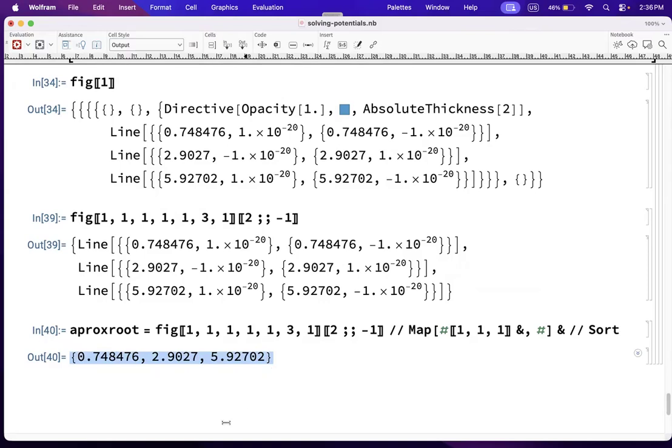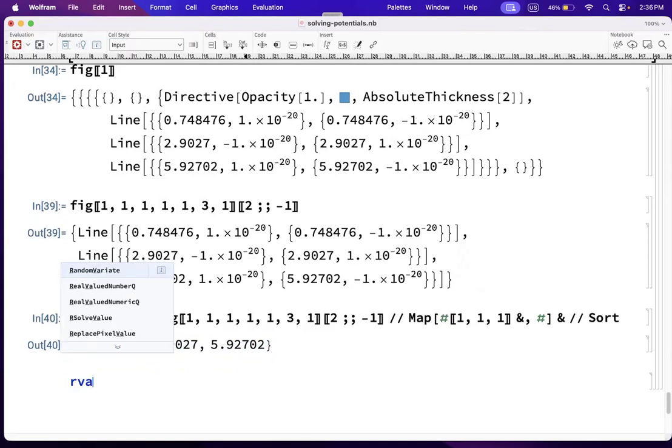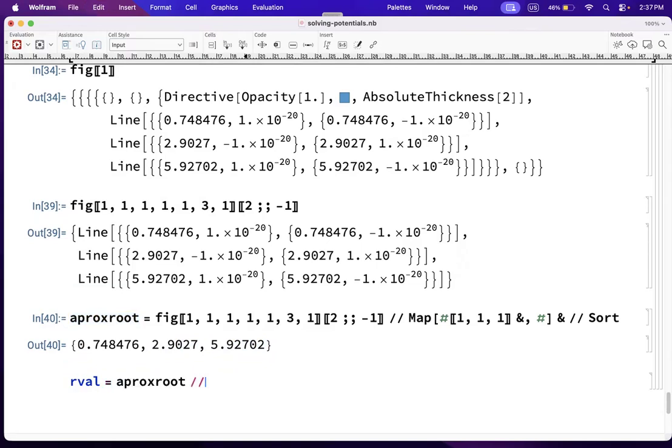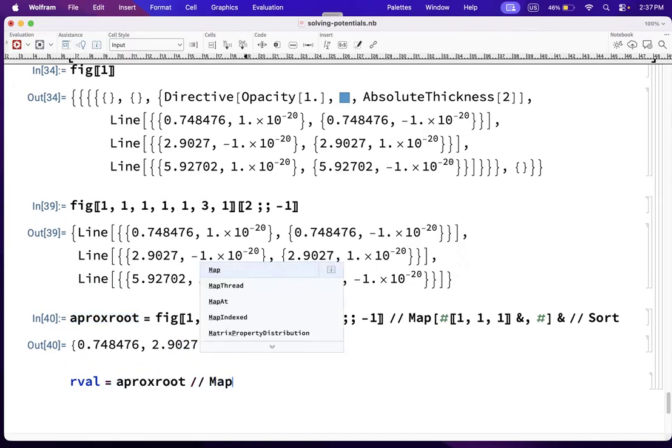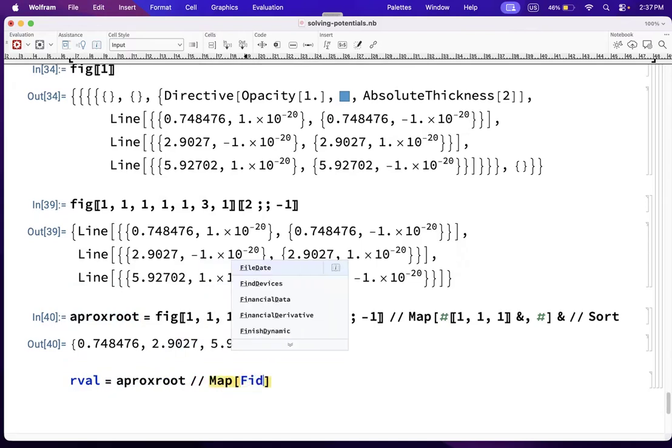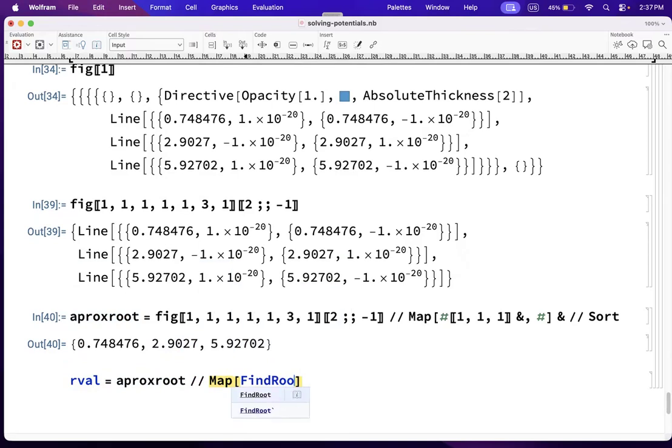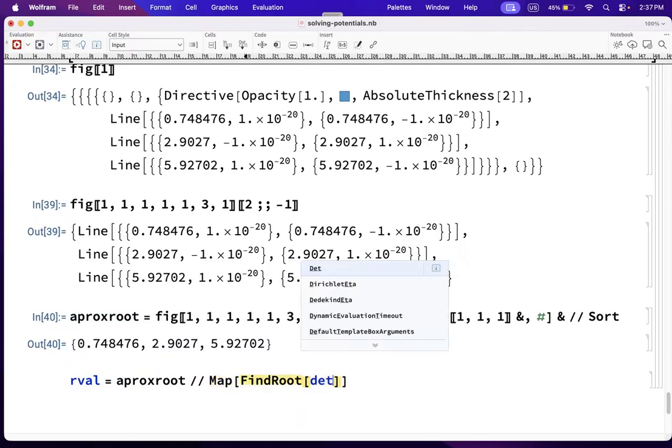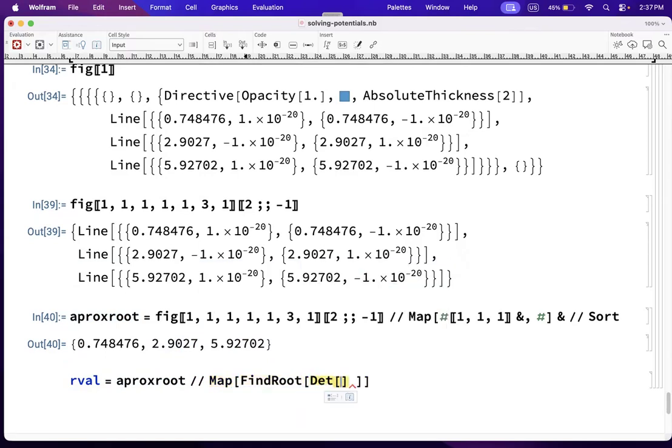So to get the actual values, I'm going to put vals, the values of the roots, the more accurate values. To do this, I'm going to put the famous FindRoot. Map, FindRoot, of this determinant, mat2.